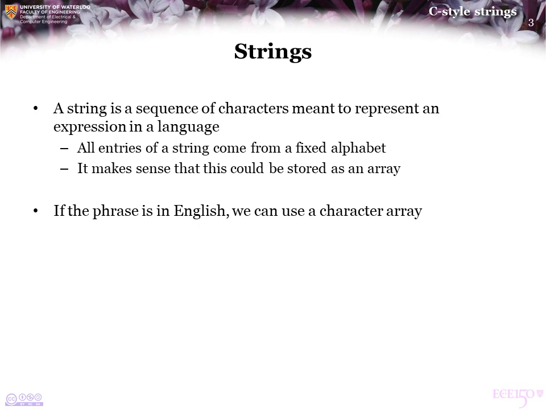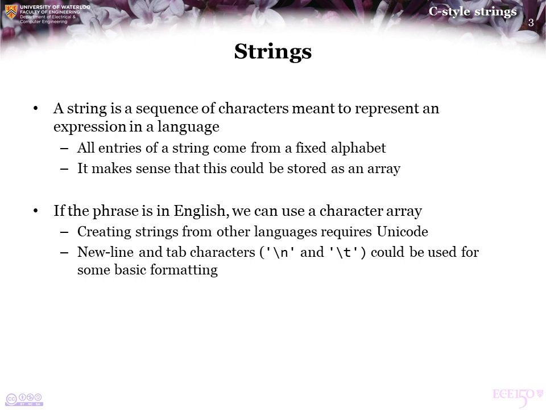Now, if the phrase is in English, we can use a character array in C or C++ because ASCII can encode the English language. And that's about it. Almost every other language has at least one or two extra characters, if not an entirely different alphabet. If you want to create a string from a different language, you must use Unicode characters, and consequently you would have an array of Unicode characters.